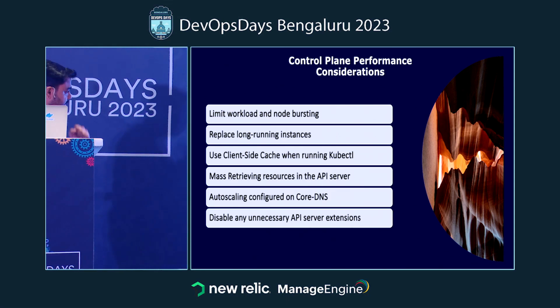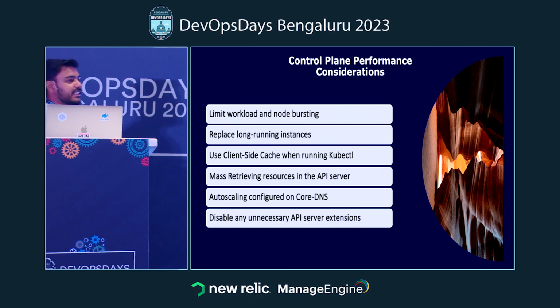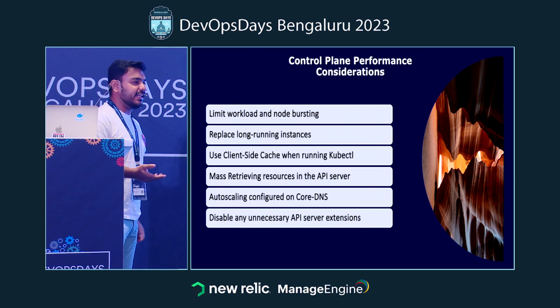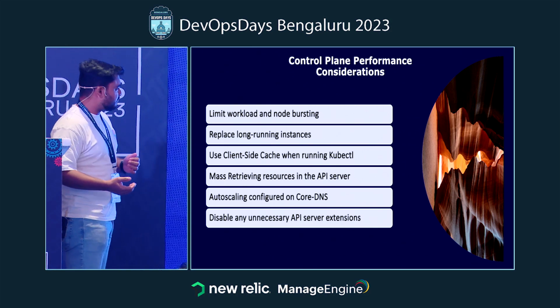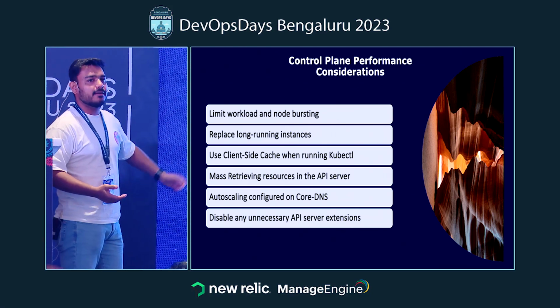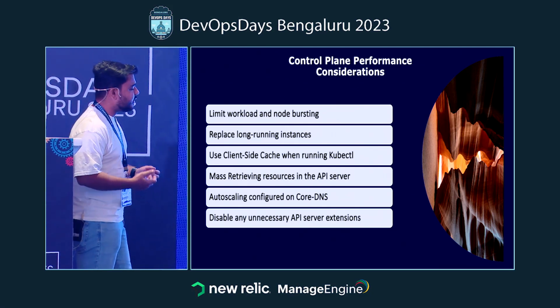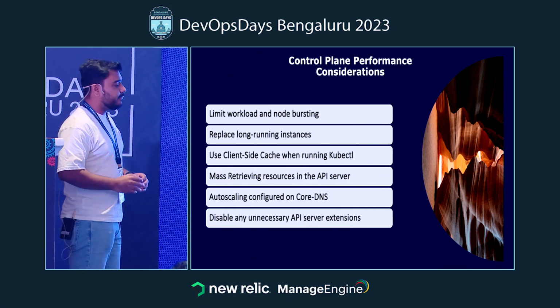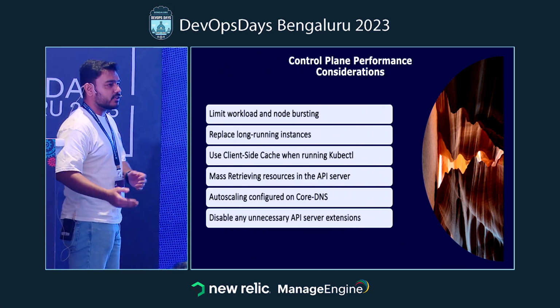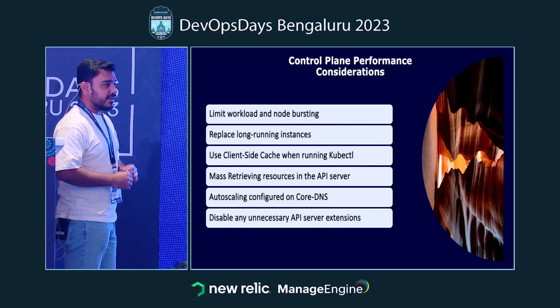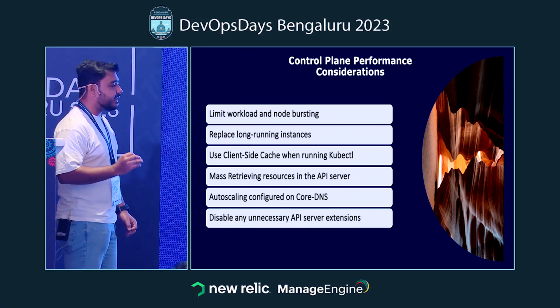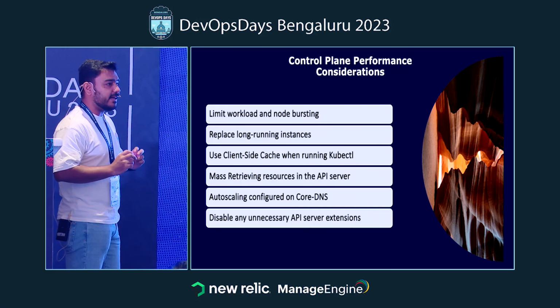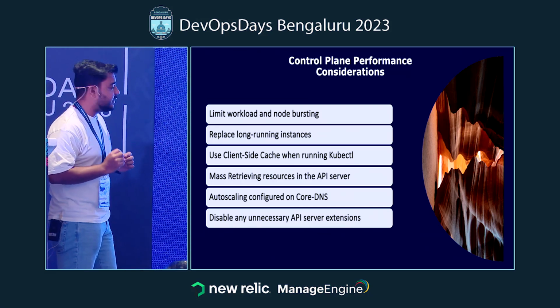And the next is, as developers or as an admin team, we generally run kubectl commands on the cluster to find resources, and we do a lot of things. In very large clusters, if you are running 30K pods or more, running a single kubectl get pod command is very load or resource intensive.